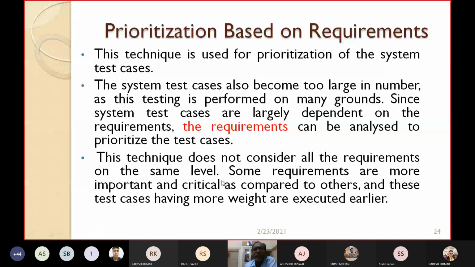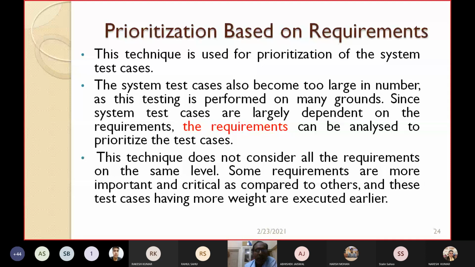This technique doesn't consider all the requirements on the same level. Some requirements may be more important and more critical as compared to others. Hence the corresponding test cases should be given much weight and should be executed earlier.